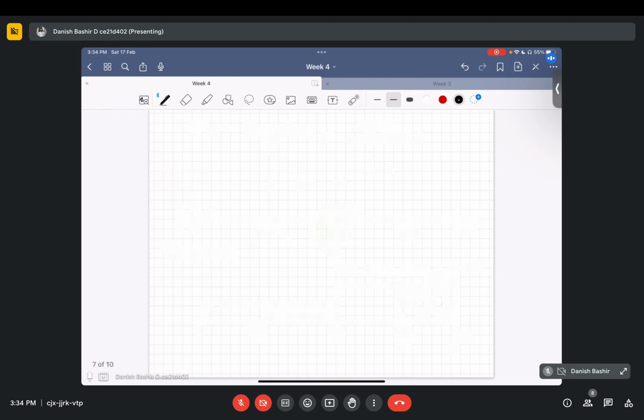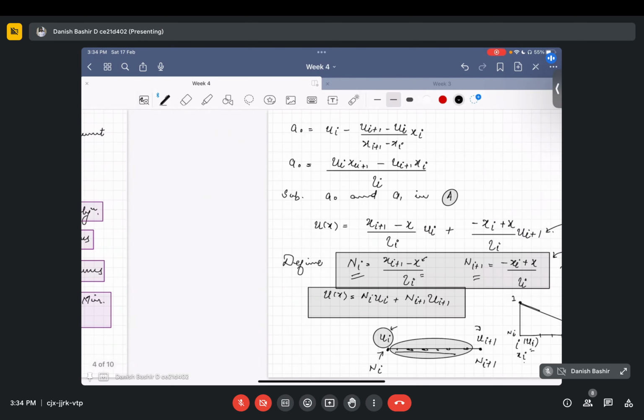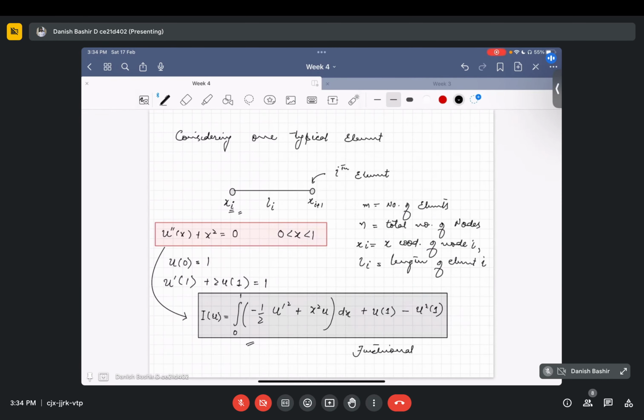So how we can obtain the solution, so we know that the appropriate functional we earlier saw. So we can solve the total functional for the problem. First, let me write the functional again for this small element. This is a functional for our differential equation.